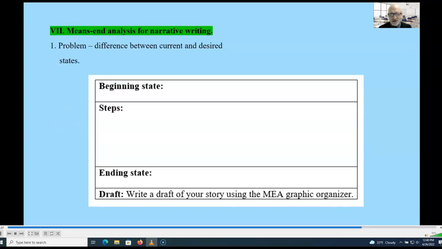Means end analysis. A problem can be defined as a difference between the beginning state and the ideal state, the current state and the idealized state. To solve the problem, you simply move from beginning to end.